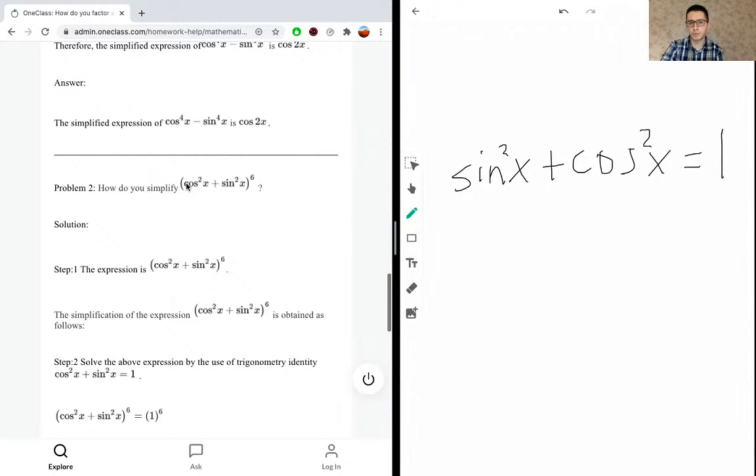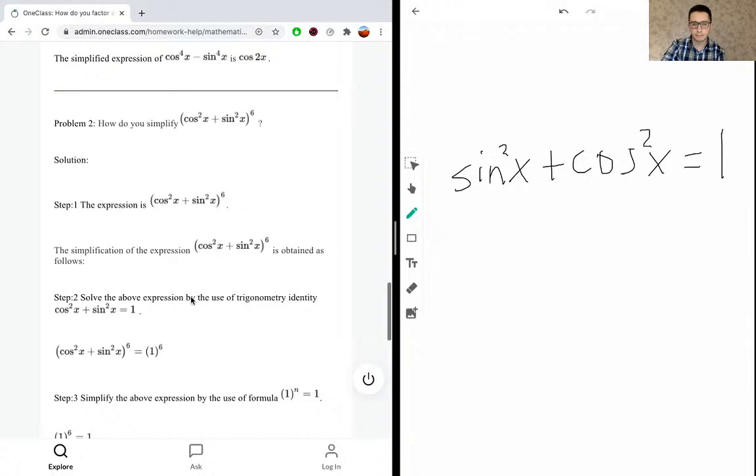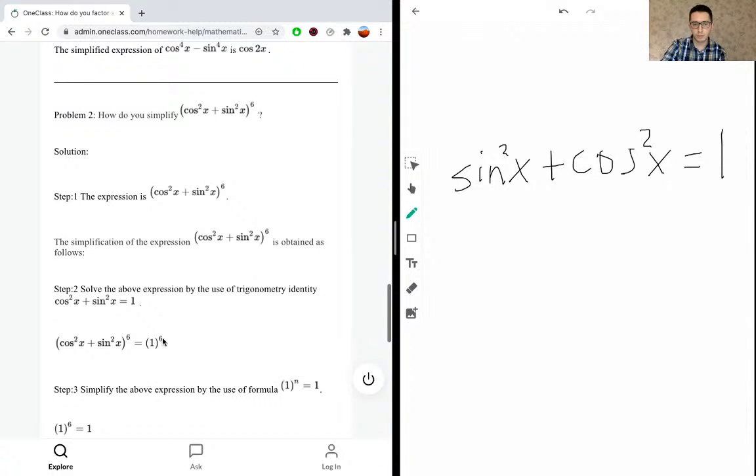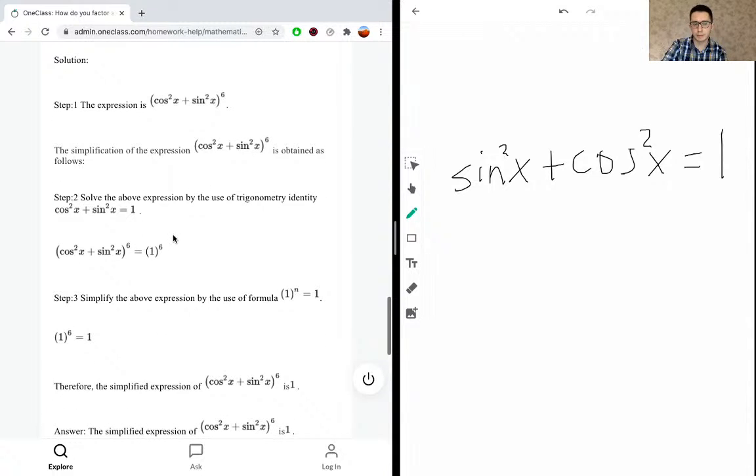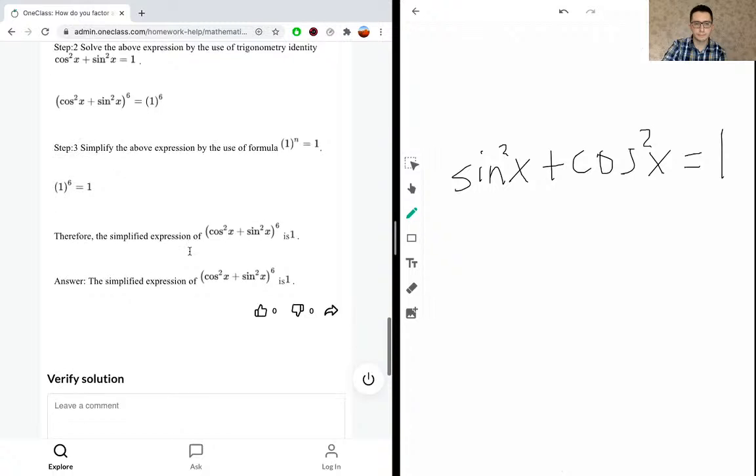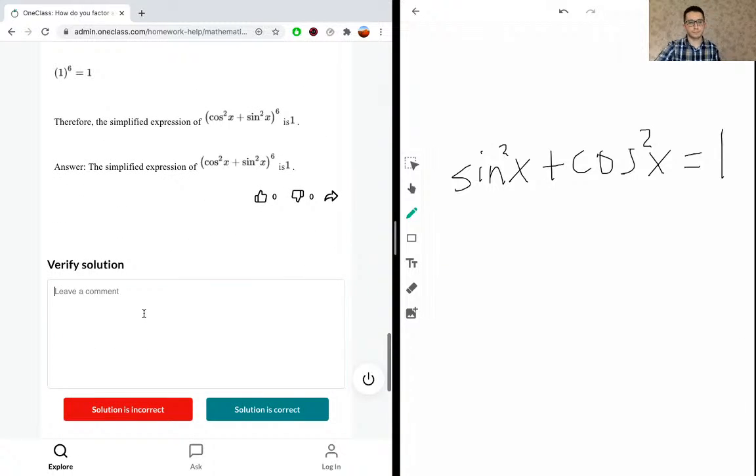Whenever you see cos squared plus sine squared or sine squared plus cos squared, you can right away say that it's 1, and 1 to the power of 6 is just 1. 1 to the power of anything is just 1, and we get that answer. Correct explanation and examples. Great job.